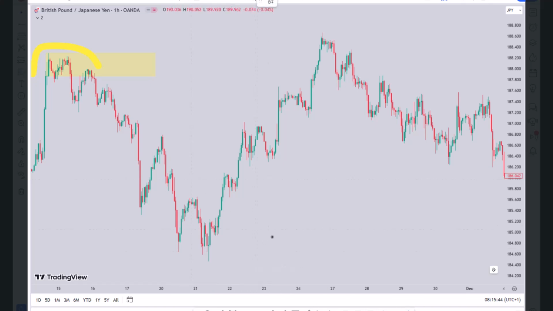Another point here, this is another very significant point. Okay, now to establish our supply zone, the last bullish candle, from the high of that candle all the way to the close of that candle, and extend it for future trade opportunities.